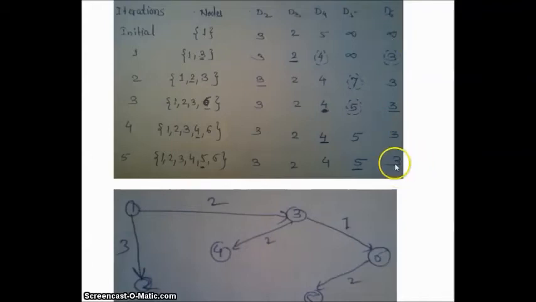And node 6 is directly connected with the distance 3 through node 3. So node 6 is connected from node 1 with the distance 2 plus 1, 3, through node 3.